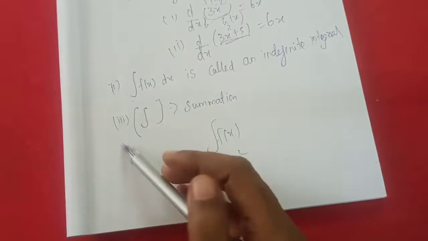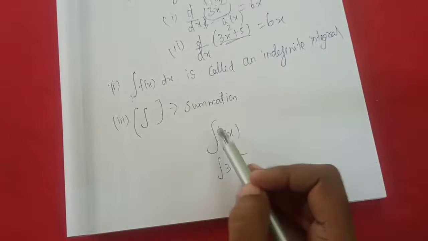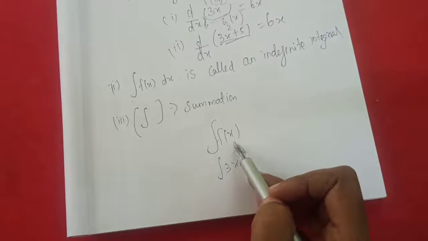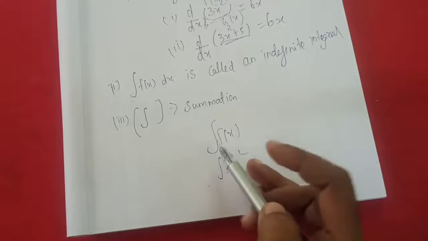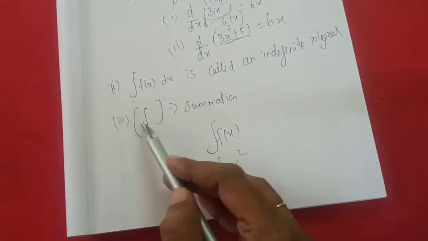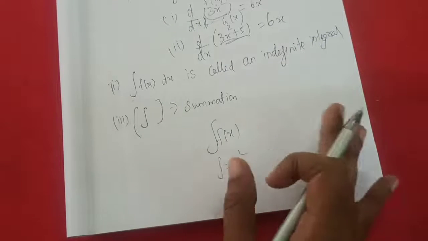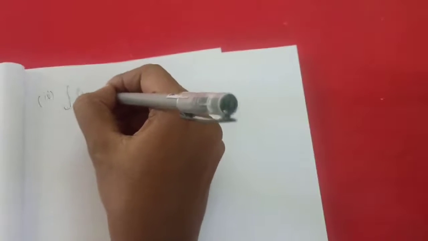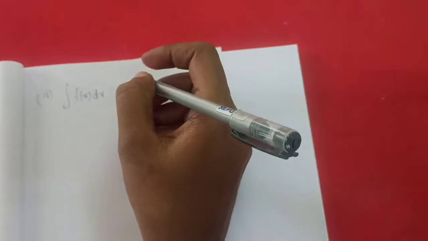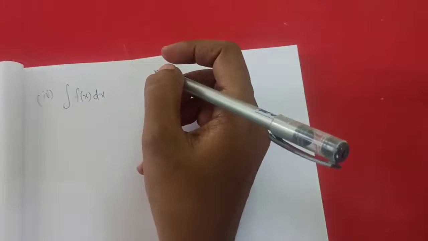So how will you call this? Integration of 3x square. Integral of f of x, like that you need to call. This is a symbol for integration, and this one stands for summation. Next one, integral of f of x dx is read as integral of f of x with respect to x.